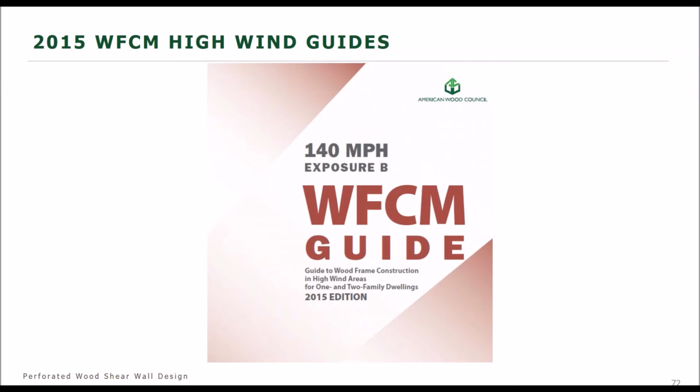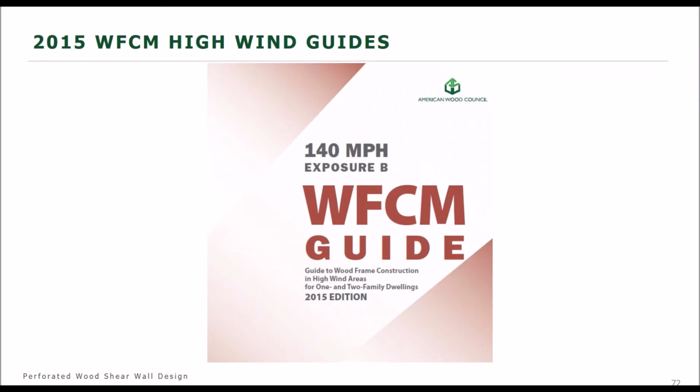So we're going to wrap it up today, spending a little bit of time talking about the Wood Frame Construction Manual High Wind Guides. You'll see the cover of the one we're going to be working out of for this example here. We have developed them for wind speeds, I believe, from 115 miles per hour up to 160.